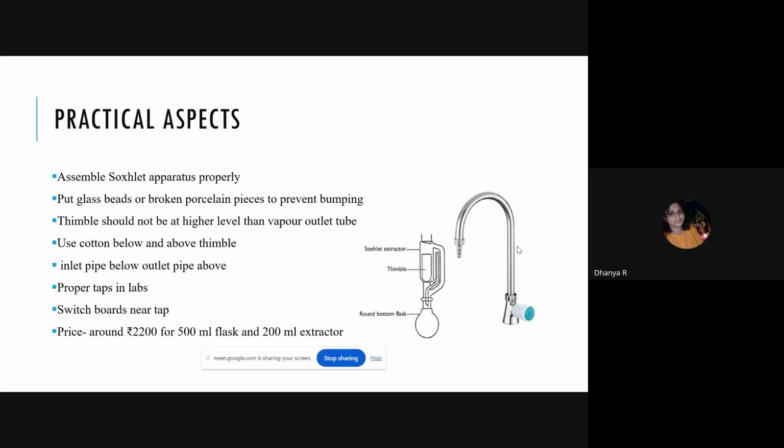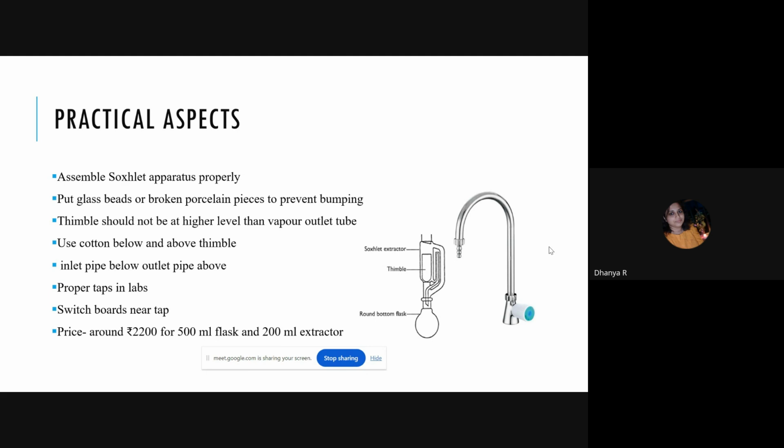Proper taps should be there in the labs. In some labs, if they are not properly constructed, they won't have tube pipes like this, so it would be difficult for you to connect the inlet water tube. You have to approach your college and ask them to make a proper piping system.